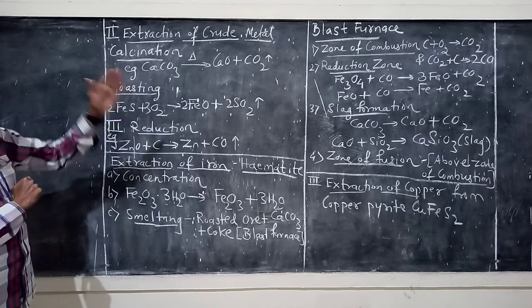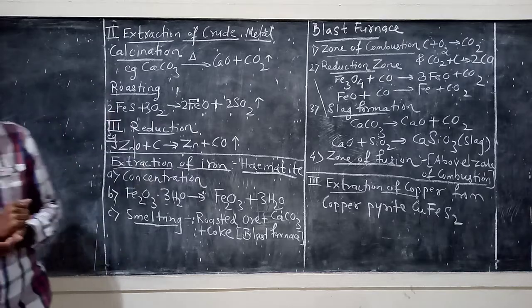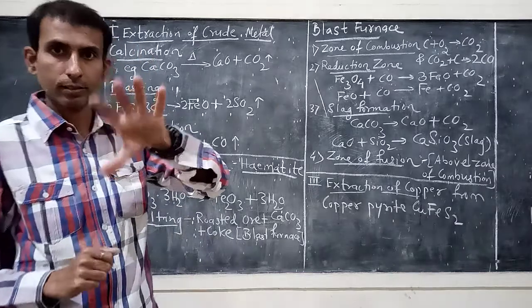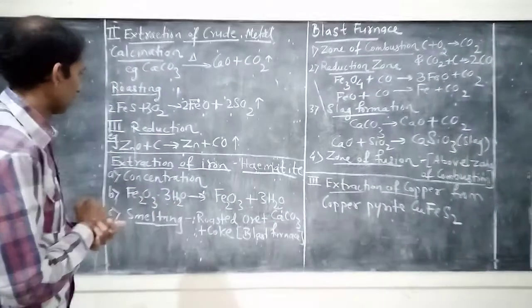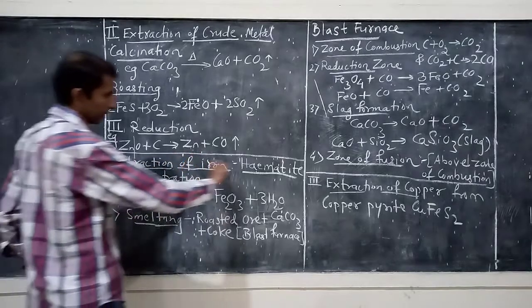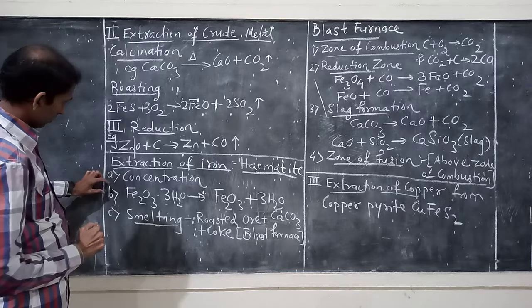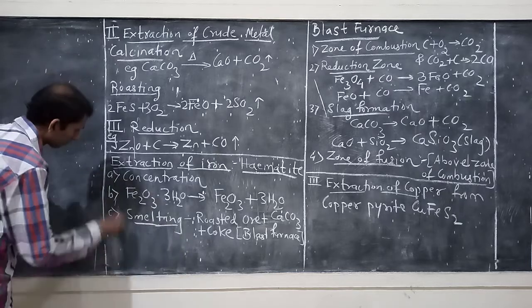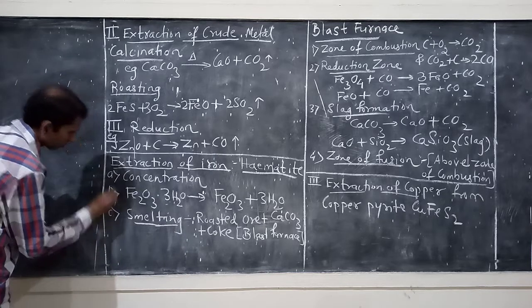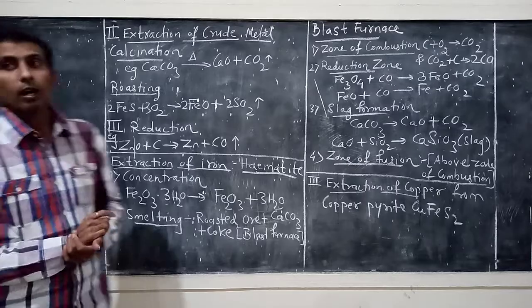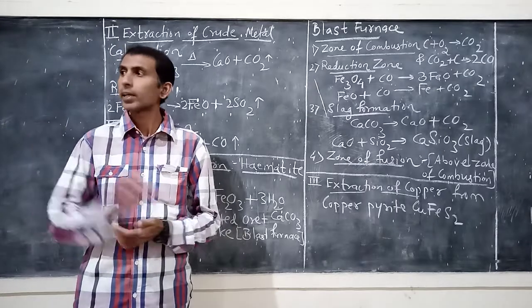So the hematite ore is crushed, and lighter impurities are separated in this particular step from the hematite ore.